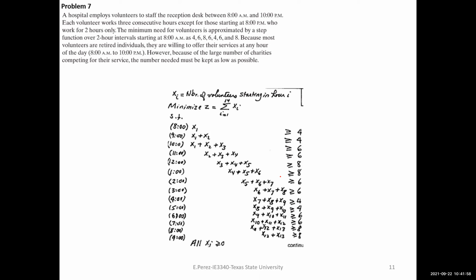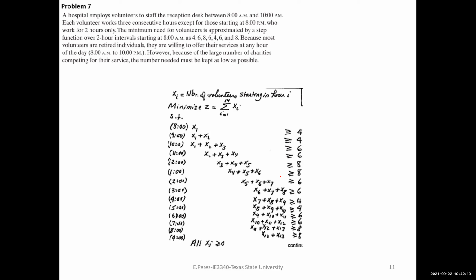So again, the idea is to know how many people will be starting at each shift. We have shifts that are 3 consecutive hours, except for those starting at 8 p.m. So this one is 2 hours.